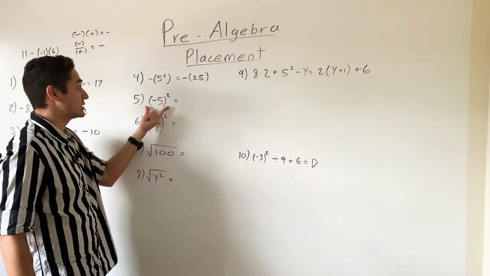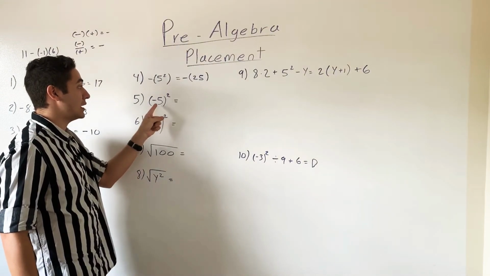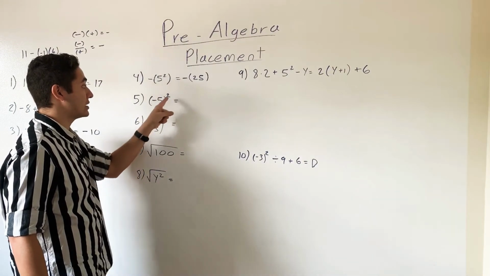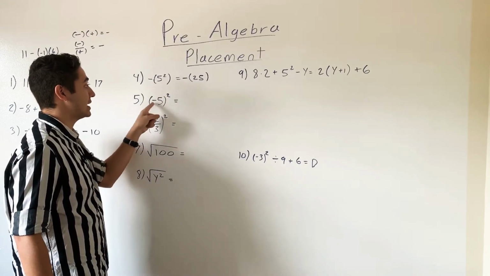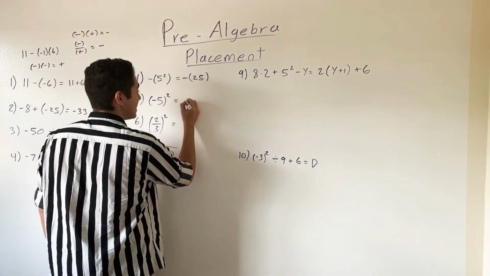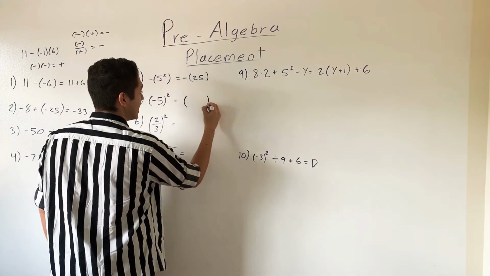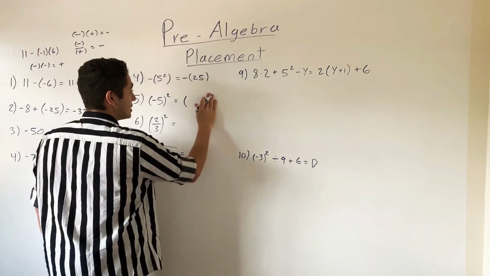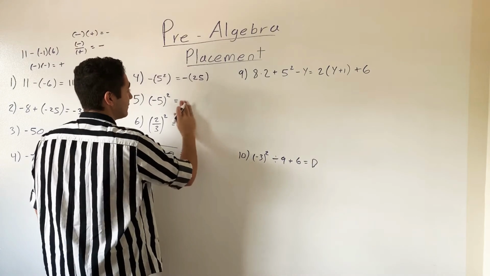In this case, it's a little bit different because now the square is on the outside of the parentheses and the negative is on the inside of the parentheses. So what does this mean? It means that now, if we open up the parentheses again, let me break this down a little bit further.